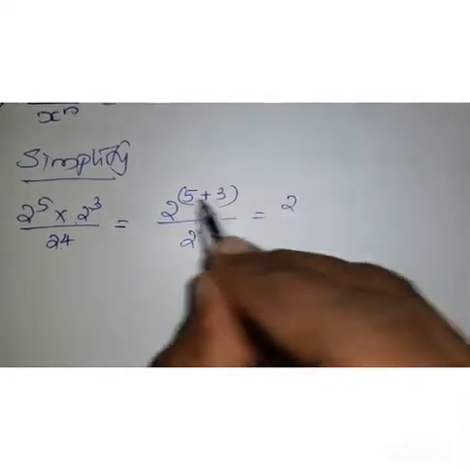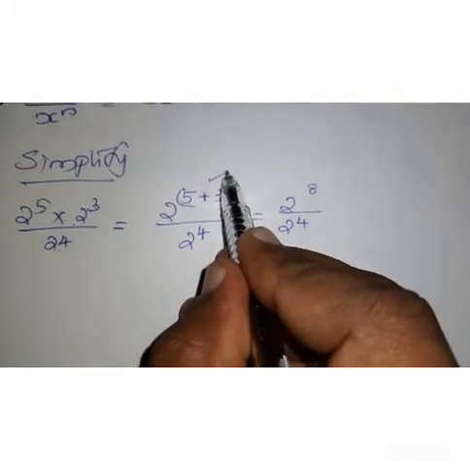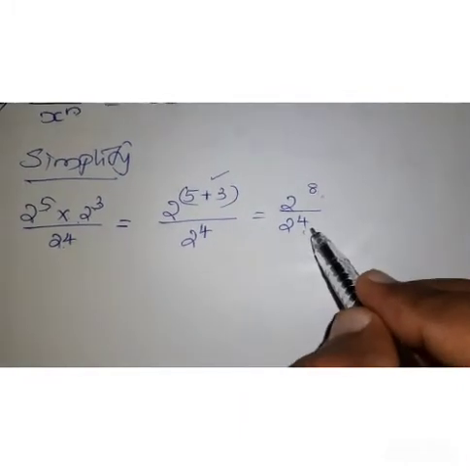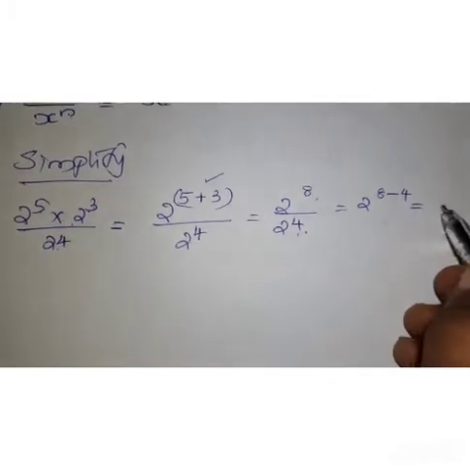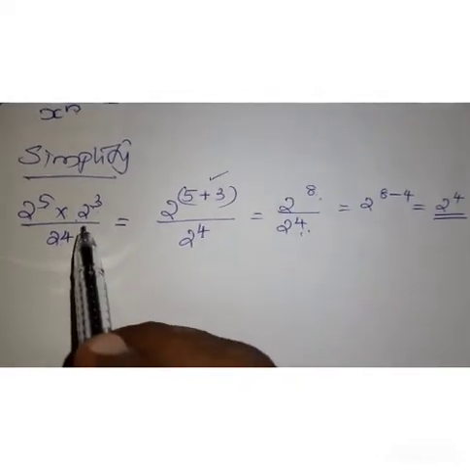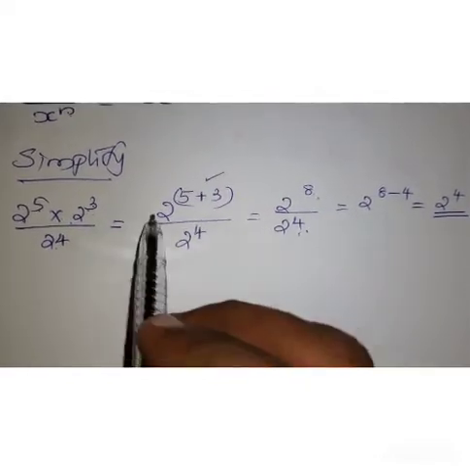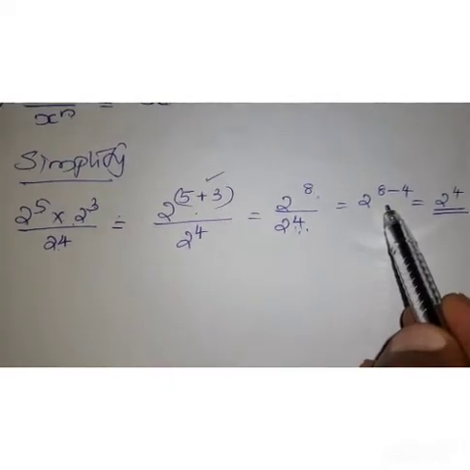So it is 2 raised to 8 divided by 2 raised to 4. Here we use the multiplication rule, and here we use the division rule. So it is 2 raised to 8 minus 4, which is 2 raised to 4. First we apply the multiplication rule, then the division rule.